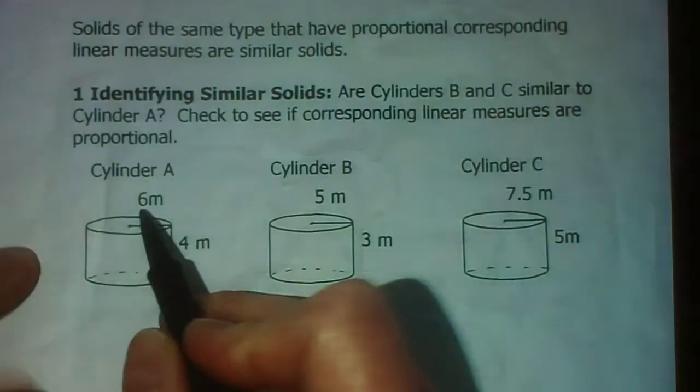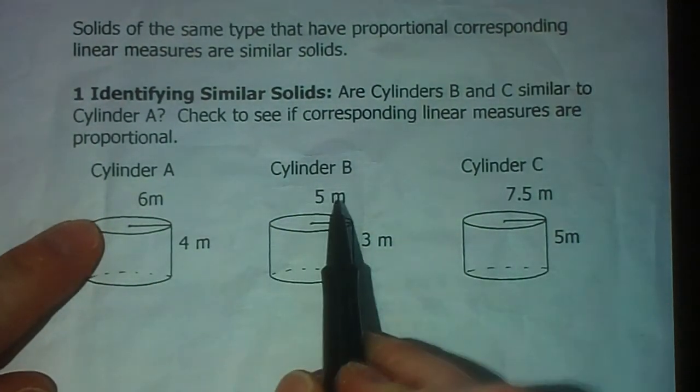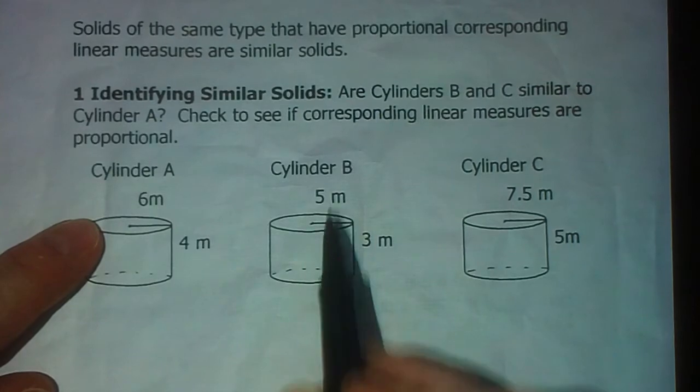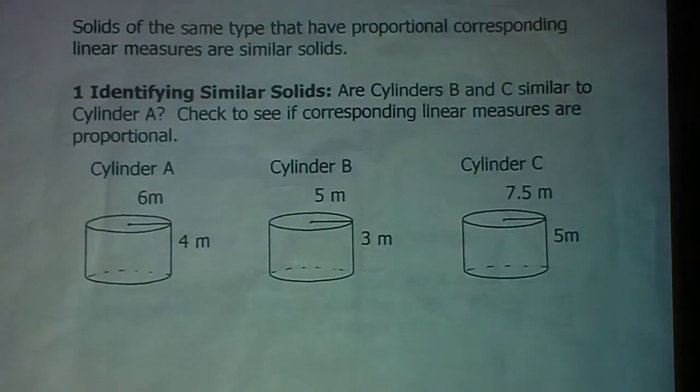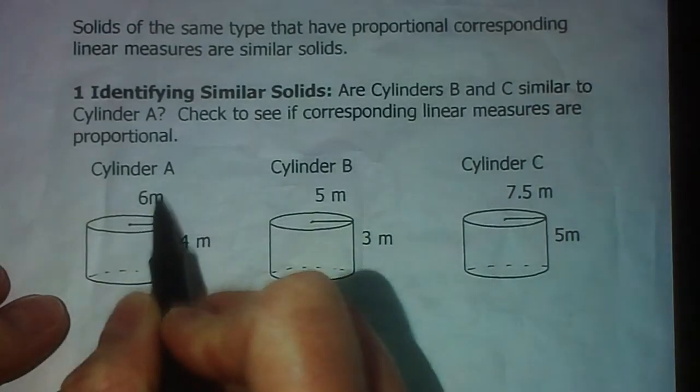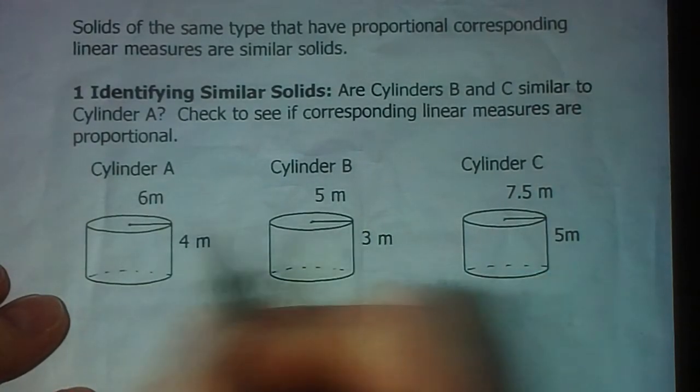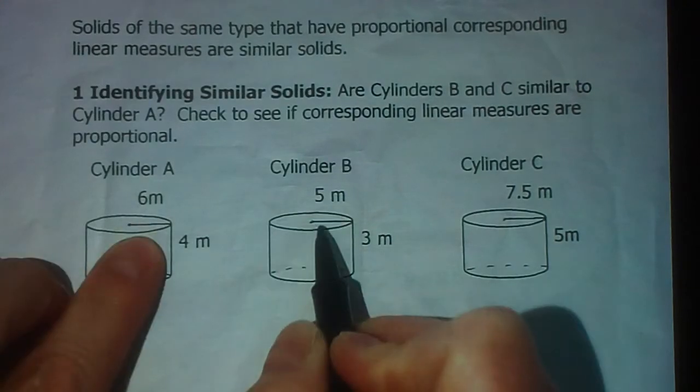All right, so here's cylinder A. I want to know if cylinder A and cylinder B are proportional. They're proportional if their corresponding sides are proportional. This 6 meters matches up with 5 meters on cylinder B. They're both the radius.